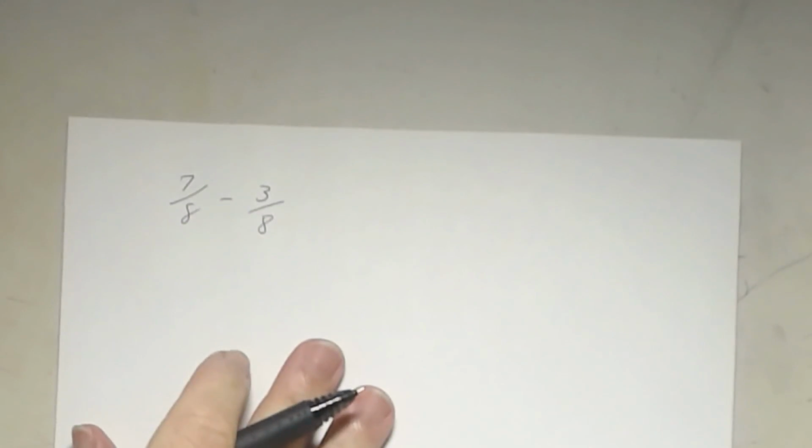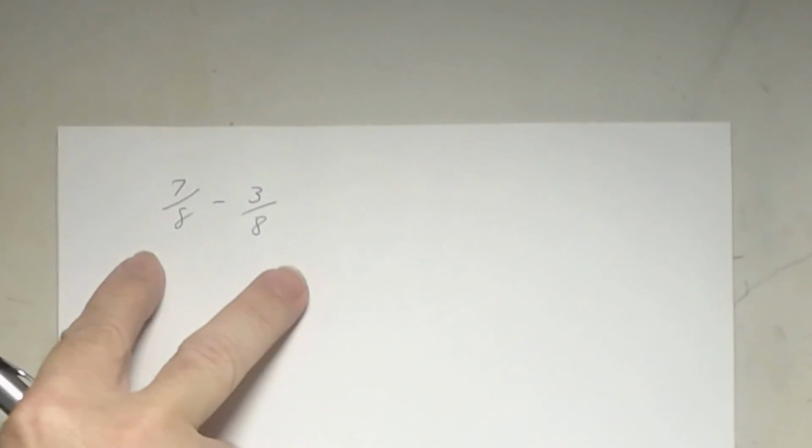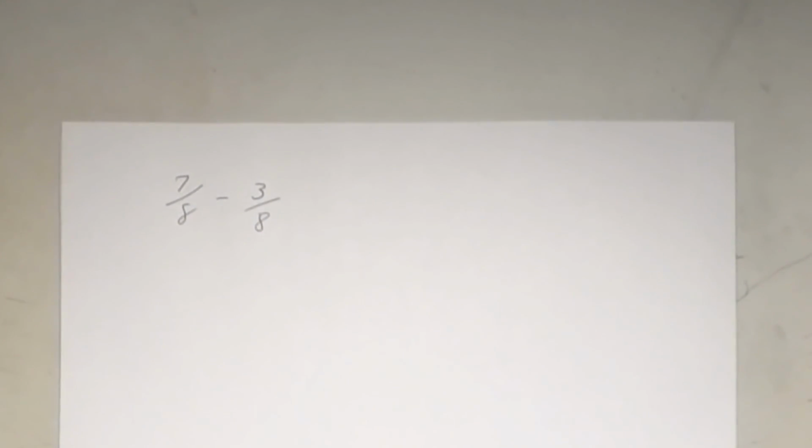So here I'm subtracting 2 fractions, right? Or I could be adding. It doesn't matter. But what do you remember? Why is this one right here easy to deal with? Because the denominators are the same, so it's partitioned to the same factor.